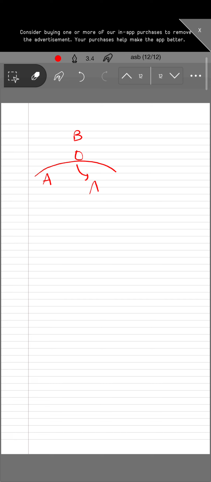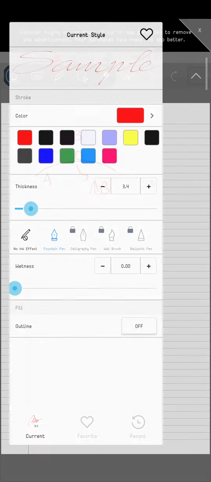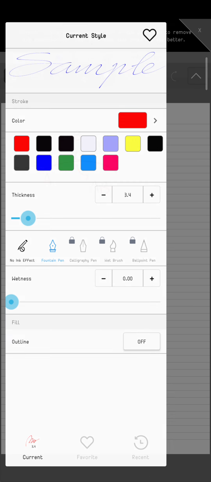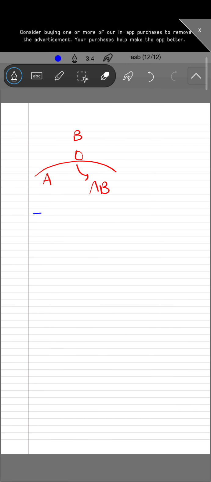Let's call that AB. So we now have three different areas: the surface area of the primary, larger fluid, the surface area of the smaller fluid, and an interface area as well. So there are three different surface areas.